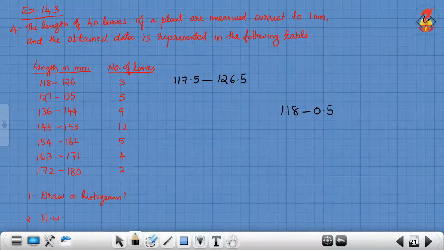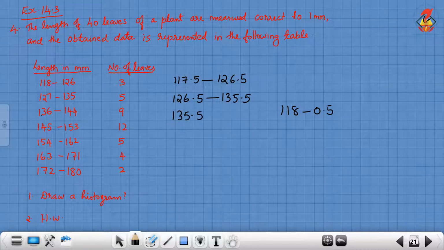Next 127 minus 0.5, 126.5, and 135 plus 0.5, 135.5. Next 136 minus 0.5, 135.5. Next 144.5.